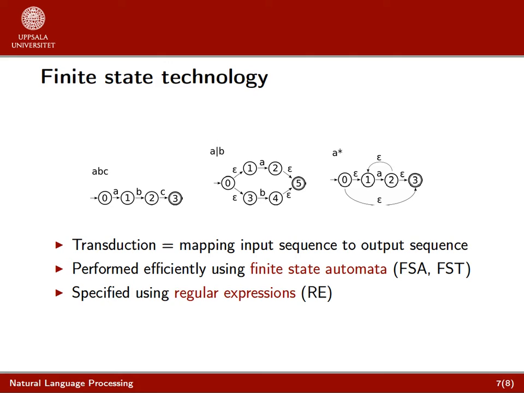Transductions can usually be performed very efficiently using the computational model known as a finite state automaton. And these can be specified using the formal language known as regular expression. So that is something that we will see is very useful for performing these tasks.